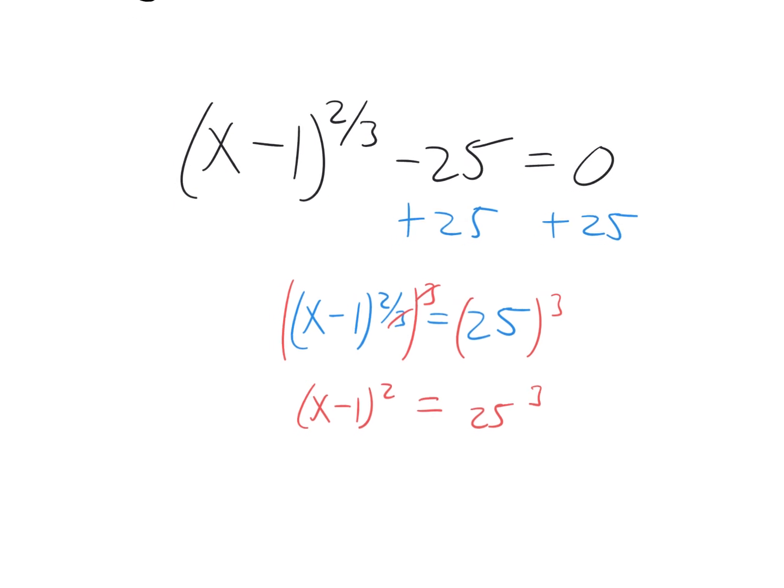Okay, so from here, notice that you have something squared and you have a constant. It's a constant that's cubed, but it's still a constant. So what can we do to both sides to clear that square? So opposite of squaring something. Square root. Let's square root both sides.